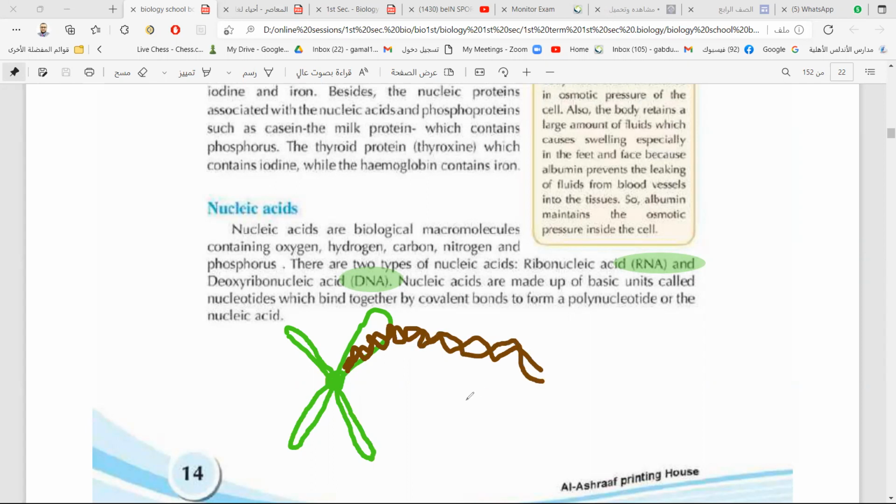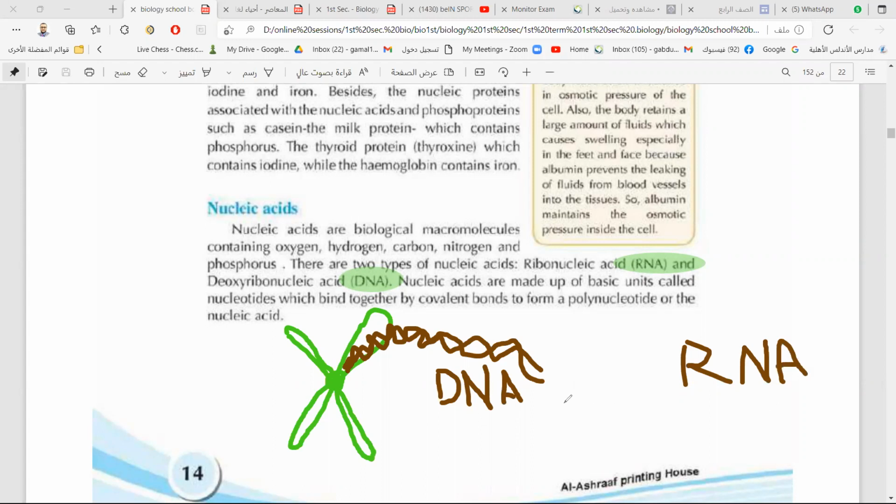It is a long thread of DNA molecule, the nucleic acid DNA, which stands for deoxyribonucleic acid. And we have also RNA, which stands for ribonucleic acid.